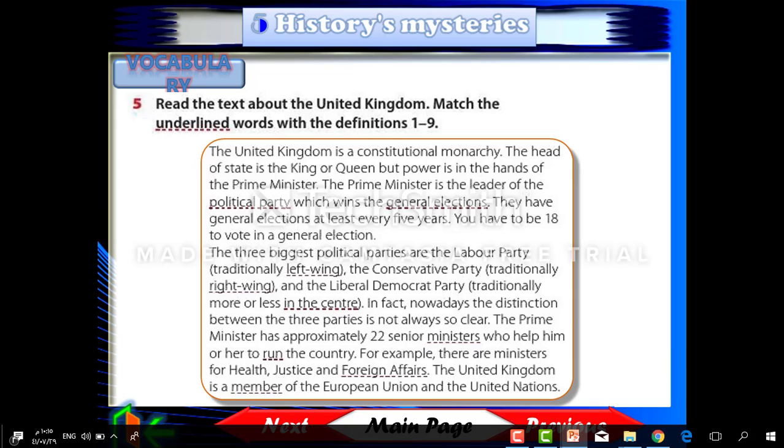The Prime Minister has approximately 22 senior ministers who help him or her to run the country. For example, there are ministers for health, justice, and foreign affairs. The United Kingdom is a member of the European Union and the United Nations.